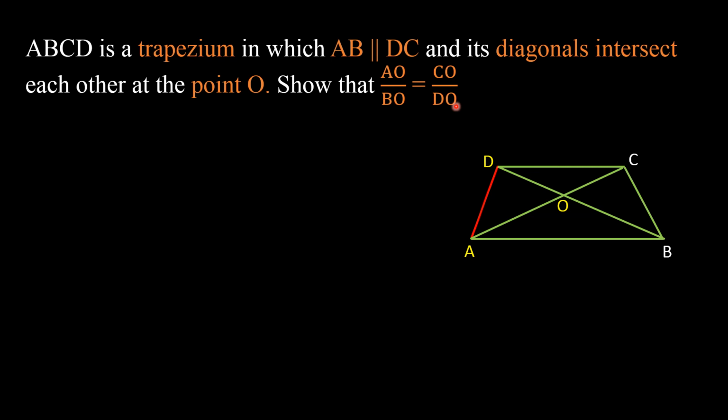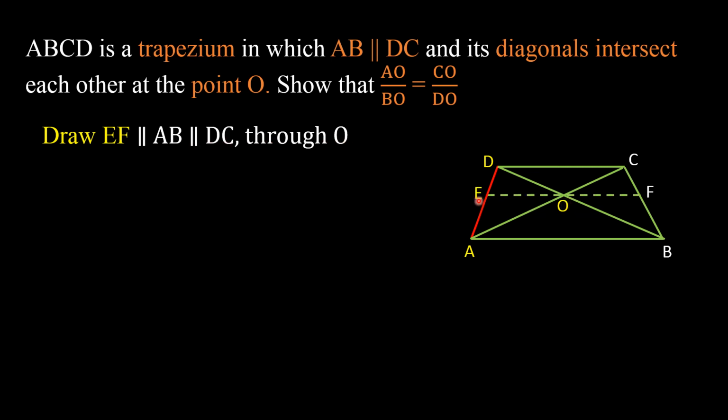So first we will draw EF parallel to AB as well as to DC through O. So through O we will draw segment EF. Now in triangle DAB, EO is parallel to AB.